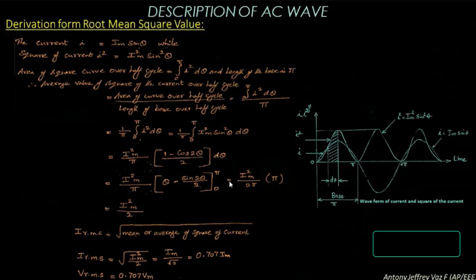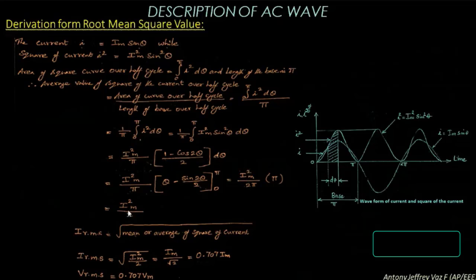So we will get sin 2 pi by 2 minus sin 2 into 0 by 2. So sin 0 will be 0 and sin 2 pi will be 0, leaving pi. So what we get here is Im square divided by 2 pi into pi. We can cancel these two terms, and you will get Im square by 2.